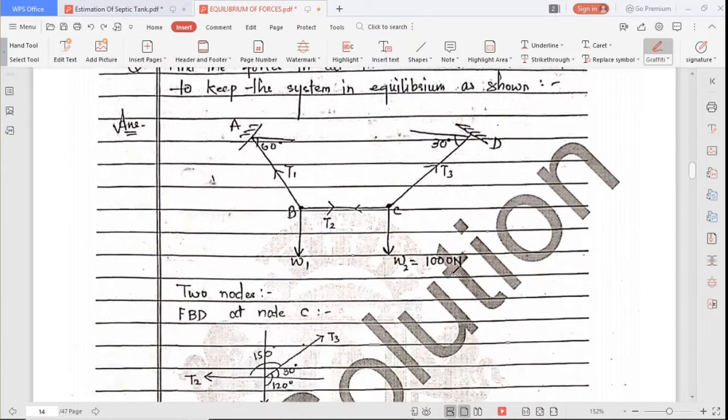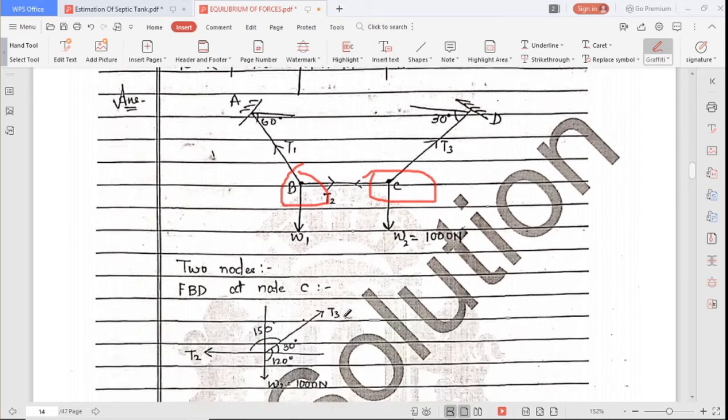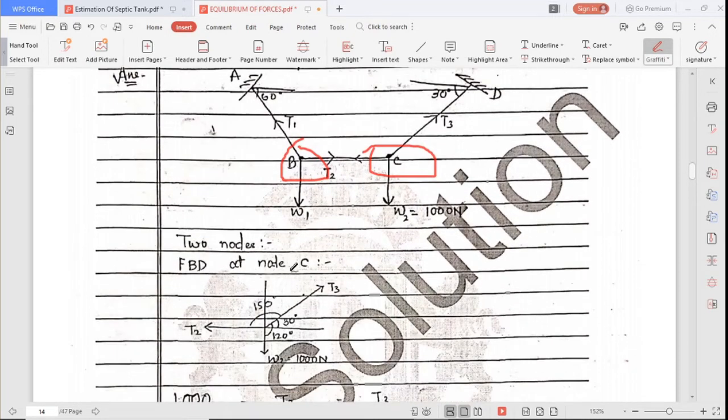So see the system of forces, we can take FBD at B and FBD at C, two nodes are there. So FBD at B, here we have T3 force, W2 force, and we have another force here, this is T2.